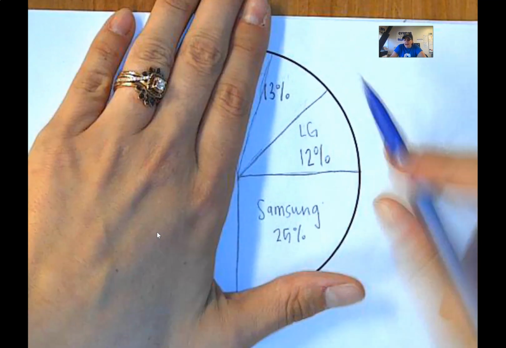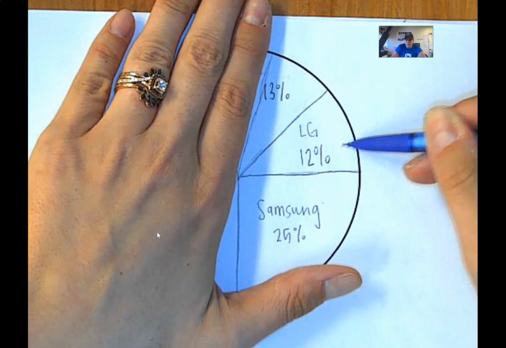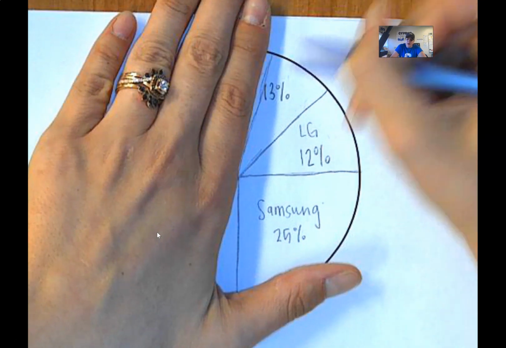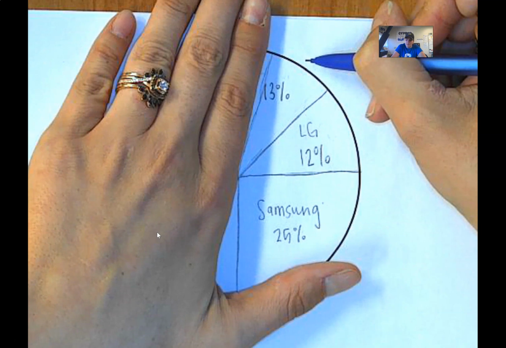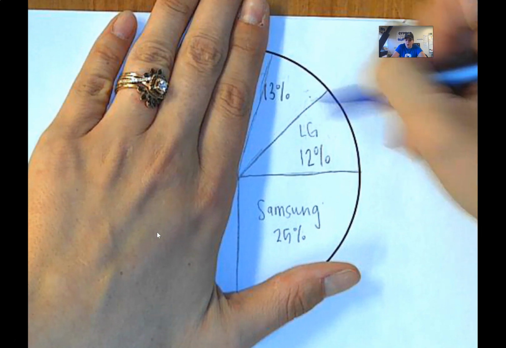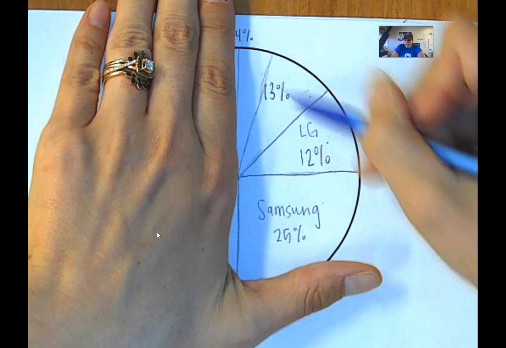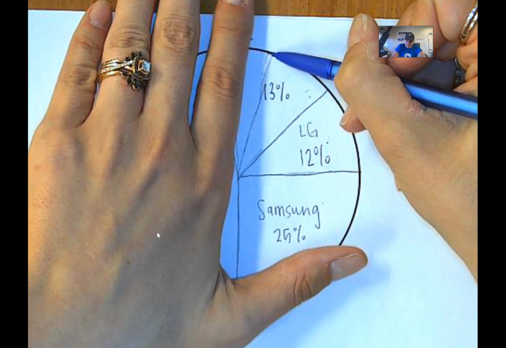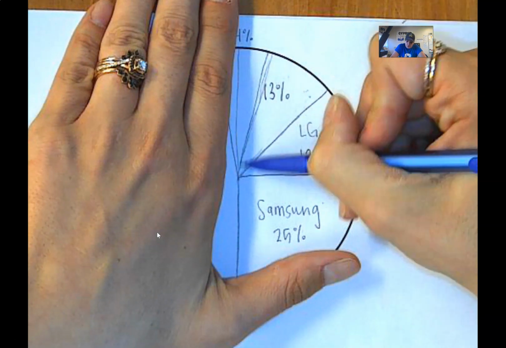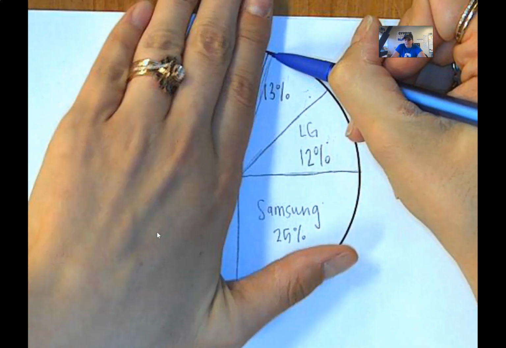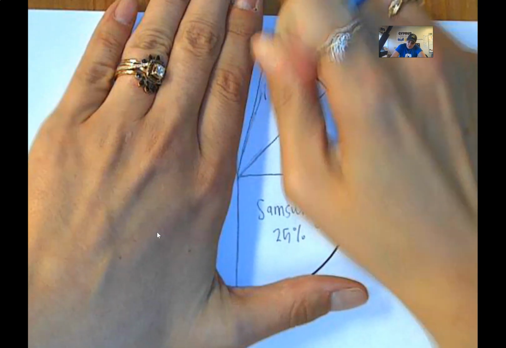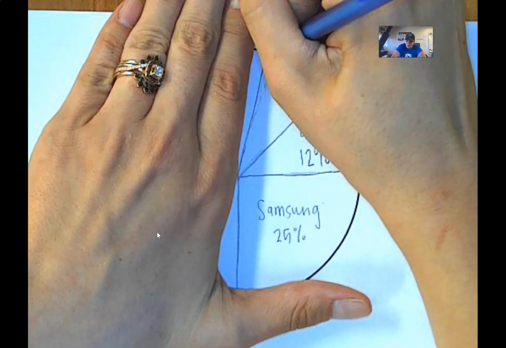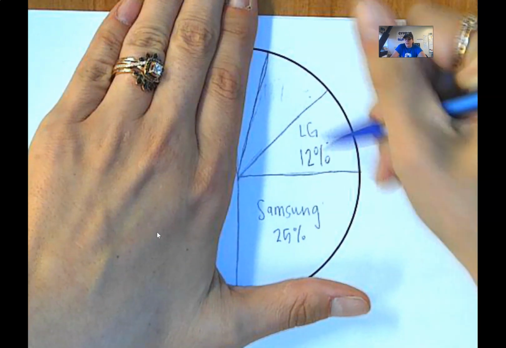that whatever I have is a little bit smaller than this LG slice, because LG is supposed to be 12. So if I want this to be 10, I want to make sure that this one is a little bit smaller than this one. So I took this slice that is now 13% and I cut it so that it is about 10%, and then I just verify that it's a little bit smaller than the LG portion.